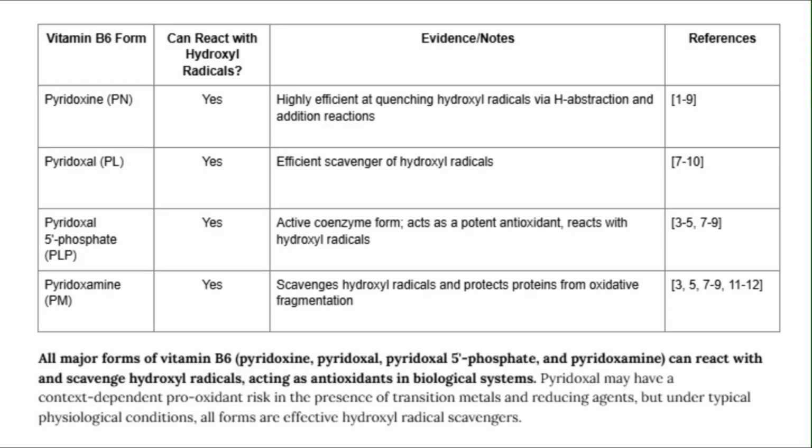So super vulnerable B6, right? And then this pyridoxamine form has been proven in studies to be the most effective antioxidant form of B6. And again, it's now a drug that's not available. So, yeah.